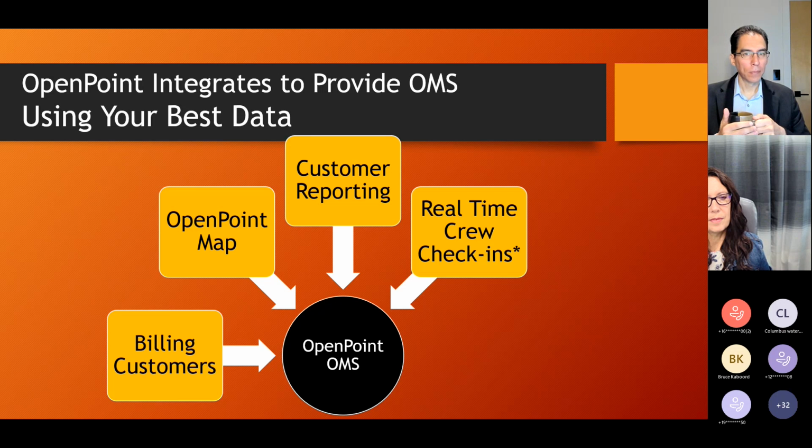Now that notification information goes into OpenPoint, and it records that as part of your outages that are occurring at the time. And it also makes that information available to notify staff who are also interested in getting those updates. So any utility staff who want to receive those check-ins can get those notifications in their email or in their text messages so that they can get the latest information as it becomes available.